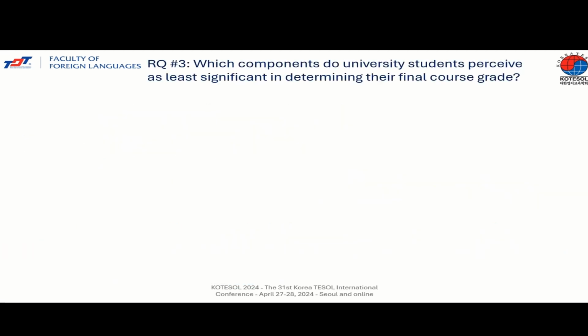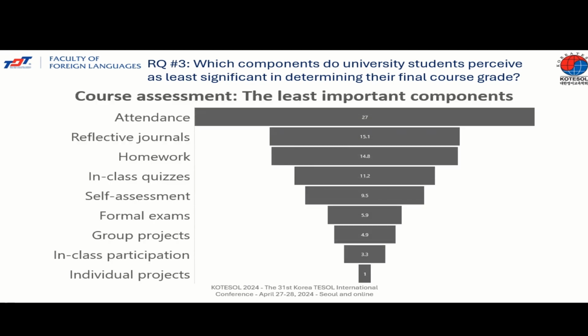Okay, let's move to the third research question. Which components do university students perceive as least significant in determining their final course grade? And this is the figure that gives you the answers.